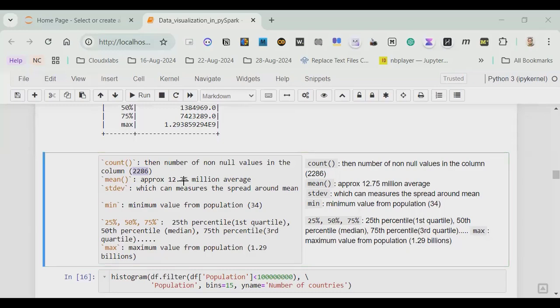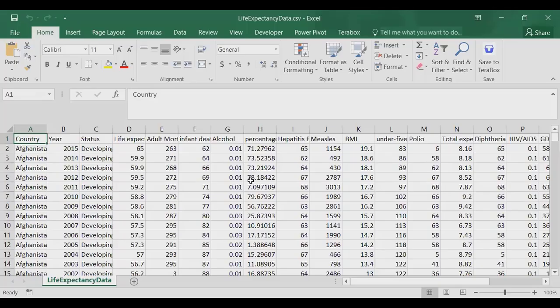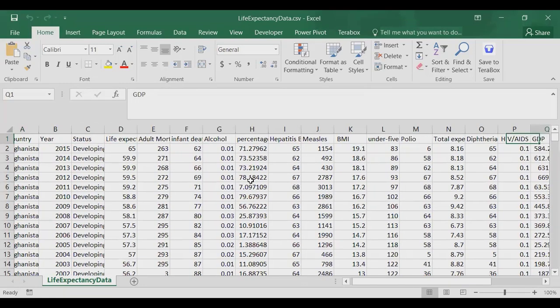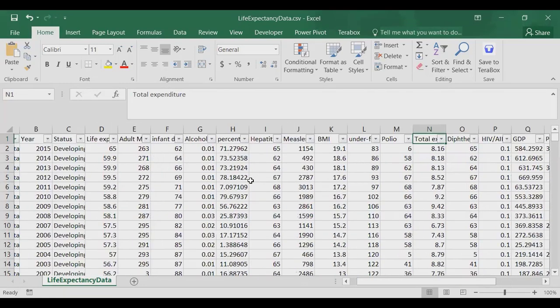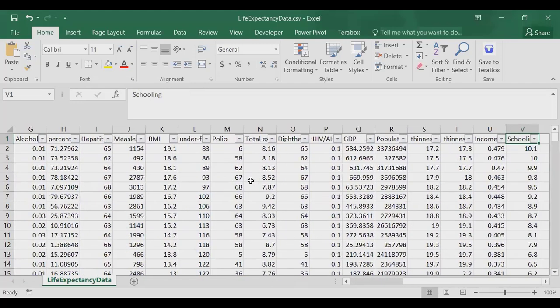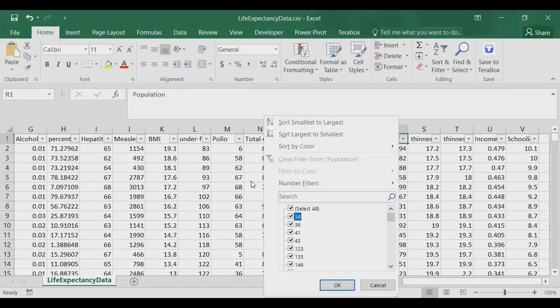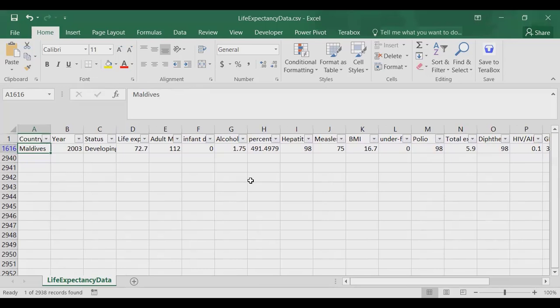So let's look at the 34 population here. Let's look at that country here. Maldives.